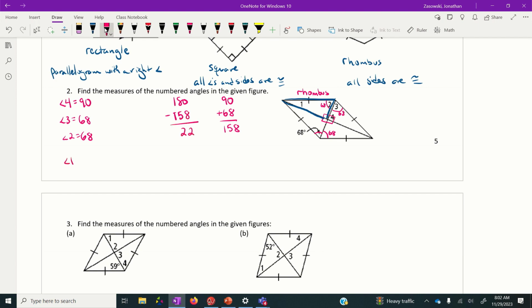Now, there's an extra way to do this, which is that if we have a 90-degree angle in a triangle, the other 2 acute angles are going to be complementary. They're going to add to 90. So we can just take 90 and subtract away the angle we already know, which is the 68 from angle 2, and that's another way to get the measure of angle 1. And so 90 minus 68 is also equal to 22, and that's another way to do this.